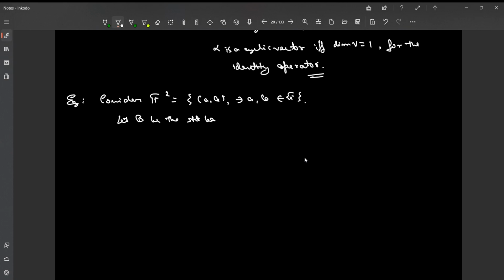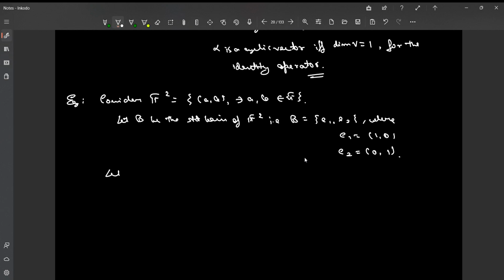Let B be the standard basis of F^2, that is, B consists of the elements E1 and E2, where E1 is the vector (1, 0) and E2 is the vector (0, 1).